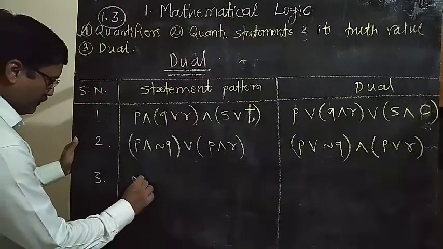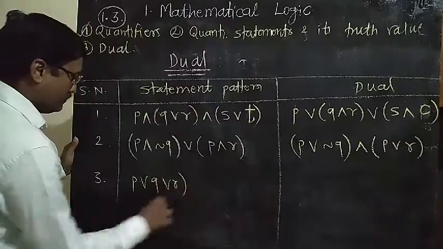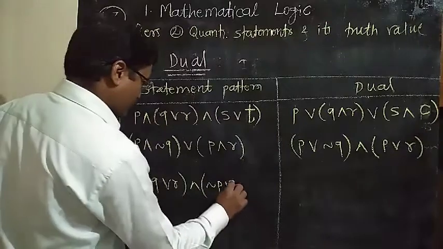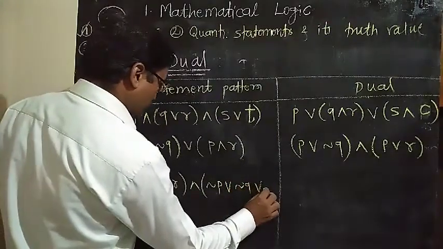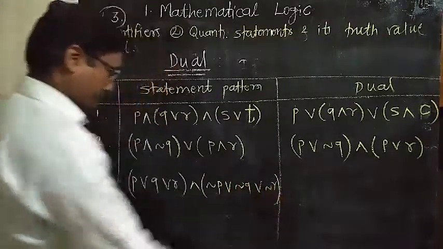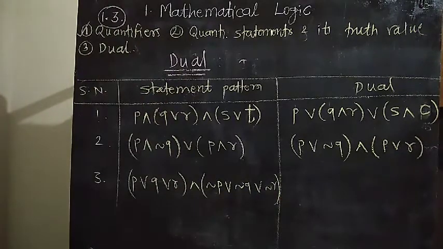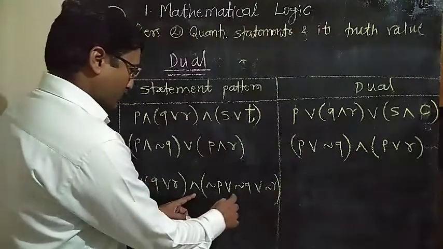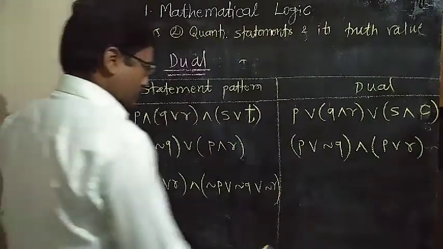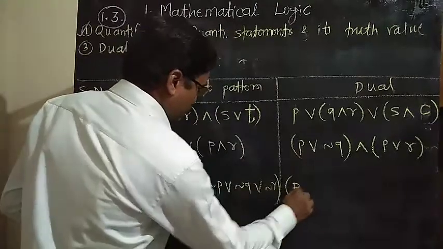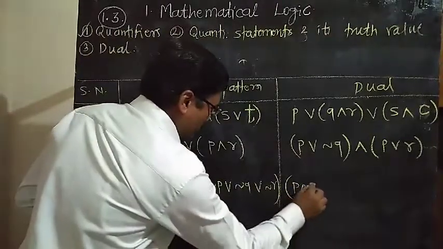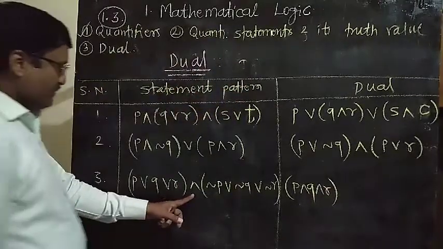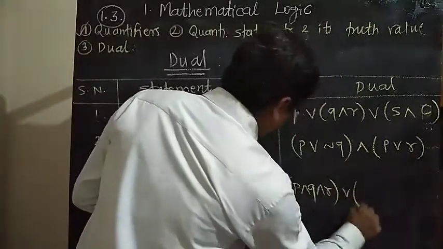P or Q or R and negation P or negation Q or negation R. Then in the dual of this statement pattern, we have to change these conjunctions and disjunctions. So here we get P and Q and R. Is it okay? Then instead of this and, we get or.